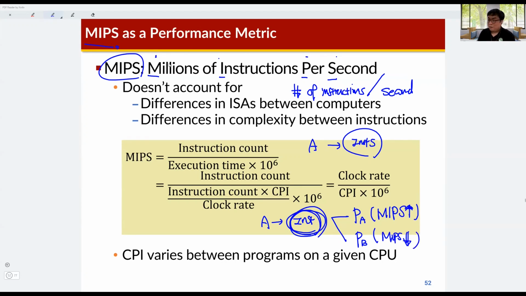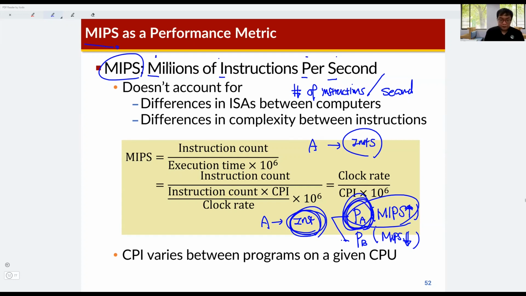So which one is the better processor? This one is better, right? Because the instruction count is the same, and more instructions can be executed per second. That means processor A will have shorter execution time, right? So processor A will be better.